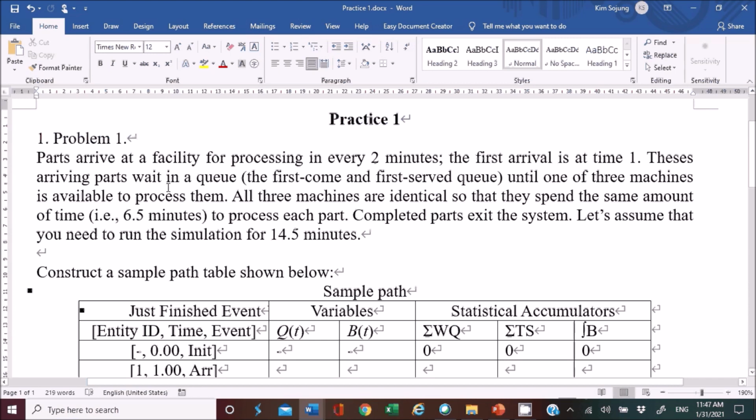Parts arrive at the facility for processing every 2 minutes. The first arrival is at time 1, not 0. These arriving parts wait in a first-come-first-served queue until one of 3 machines is available to process them. So we have 3 machines.